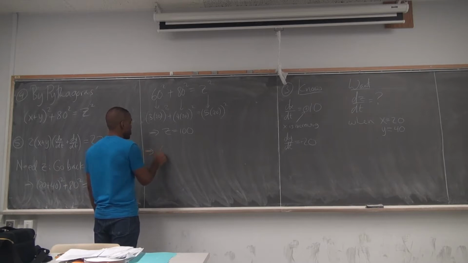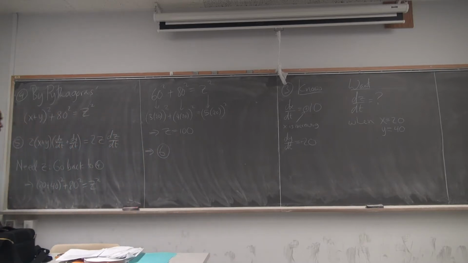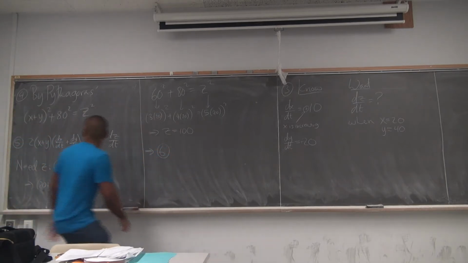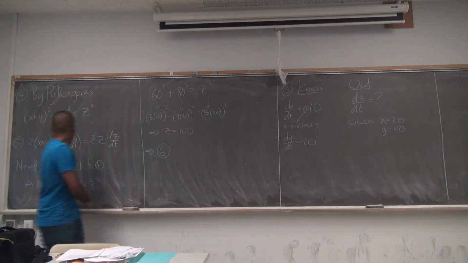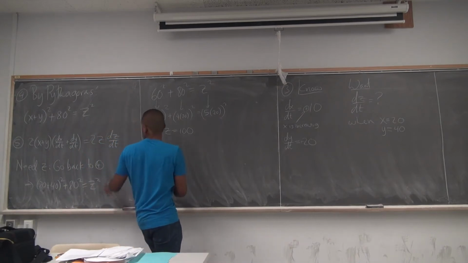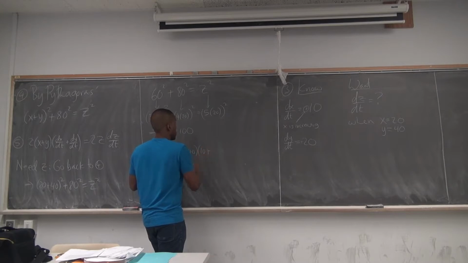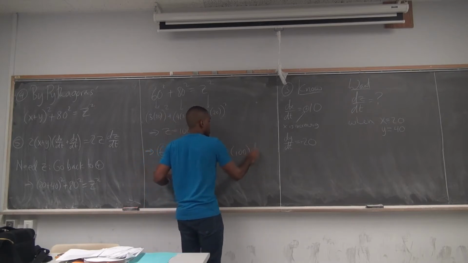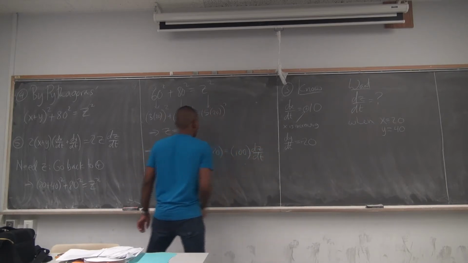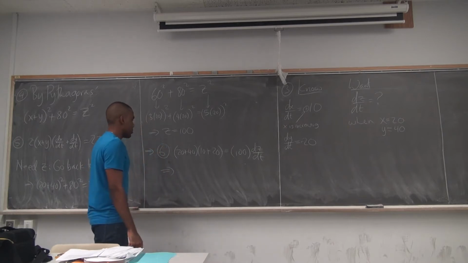So now we can get to actually step 6, where we can plug in everything we know and solve for what we want to find. Right here, you could cancel the 2's. So I would plug in x plus y, which is 20 plus 40, times dx dt plus dy dt equals z, which is 100, times dz dt.